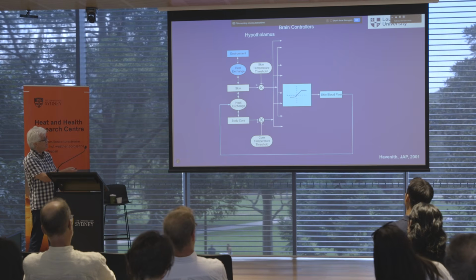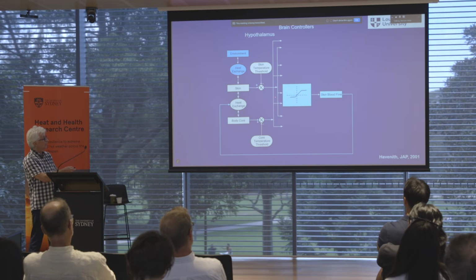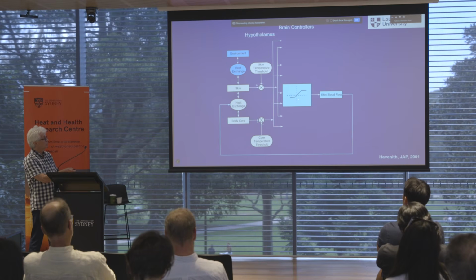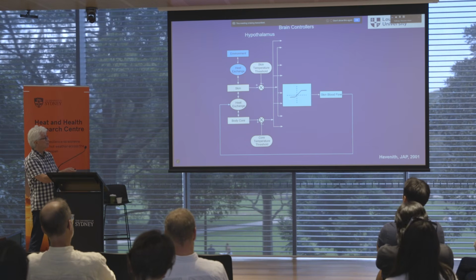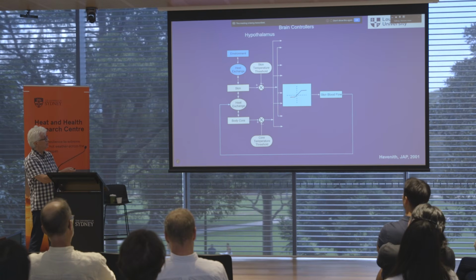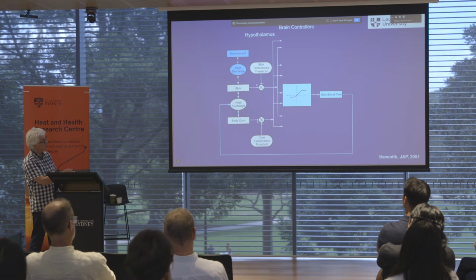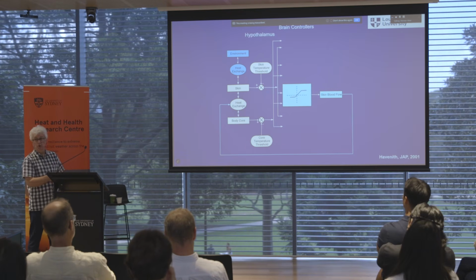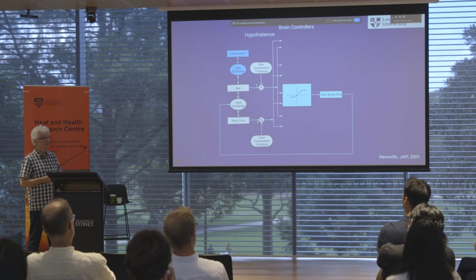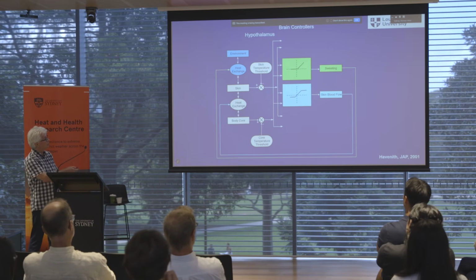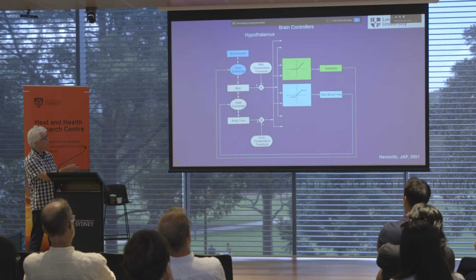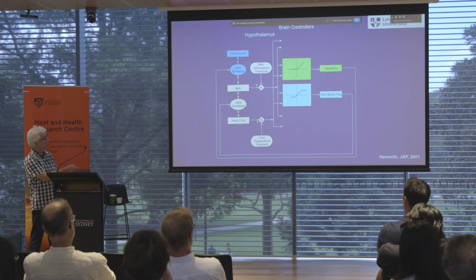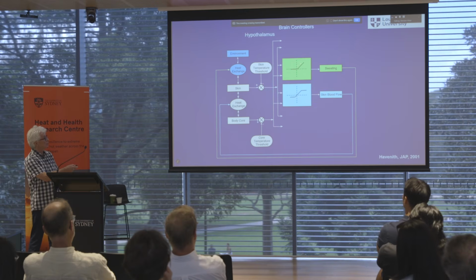One is skin blood flow, very simplistic: if it's cold on this side, hot on that side, or if the body temperature is too high, you go to the right; if it's too low, to the left. If it's too low, you vasoconstrict and constrict all the blood flow. If the body temperature is too high, you increase the blood flow to the skin so you can lose heat from the skin. Same thing for sweating, much simpler. If you're cold, it's unusual to sweat, but once you get warm and too warm, you start to sweat, and sweat more.